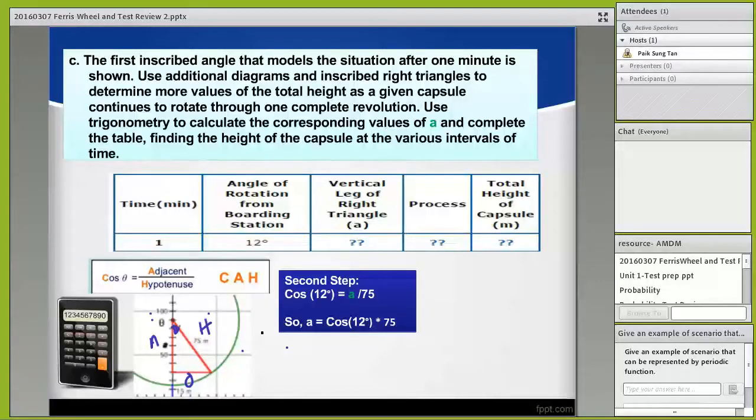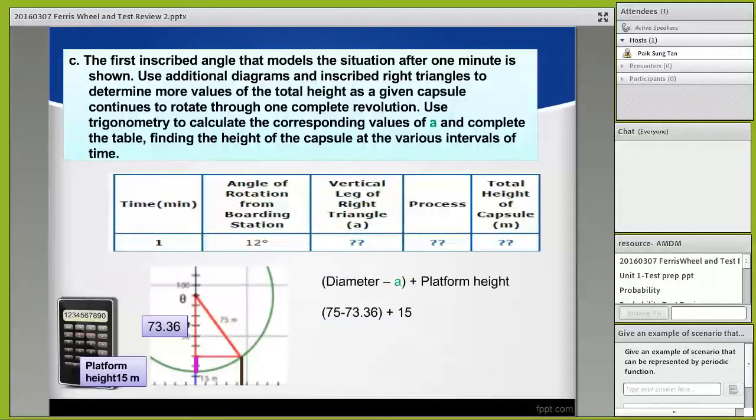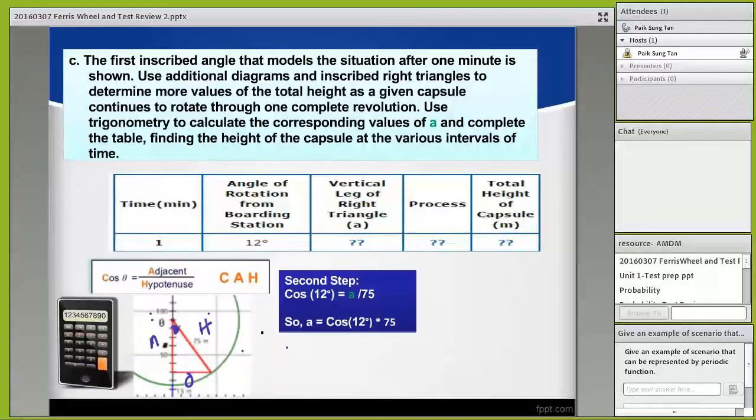So cosine 12 degrees multiplied by 75. Make sure your calculator is set to degrees and not radians. Then you should get your answer, 73.36.